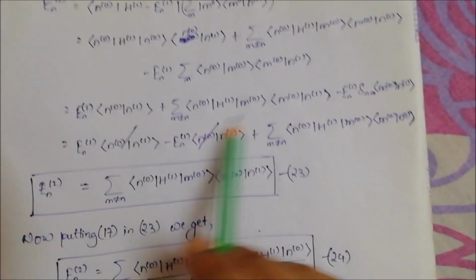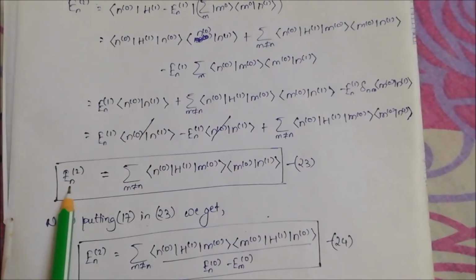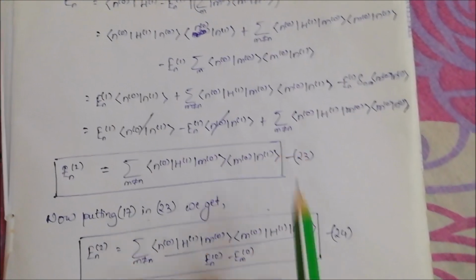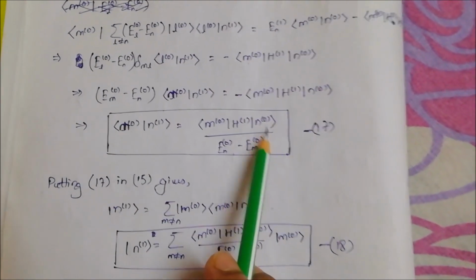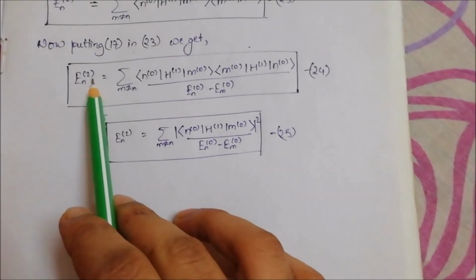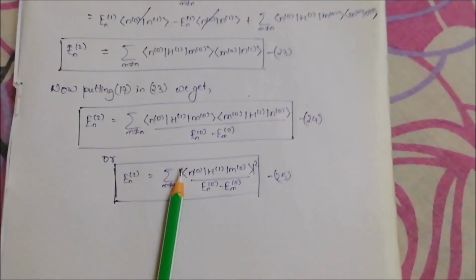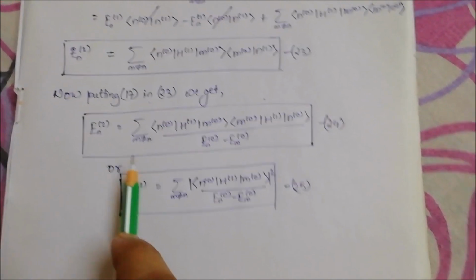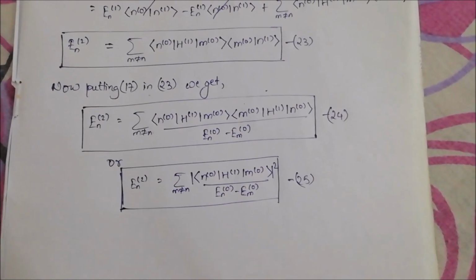So doing some more algebra, I can show that the second order correction in energy comes out to be this. Now this we have already figured out earlier, it was here. So we simply substitute this here. So this gives us the second order correction to the energy.